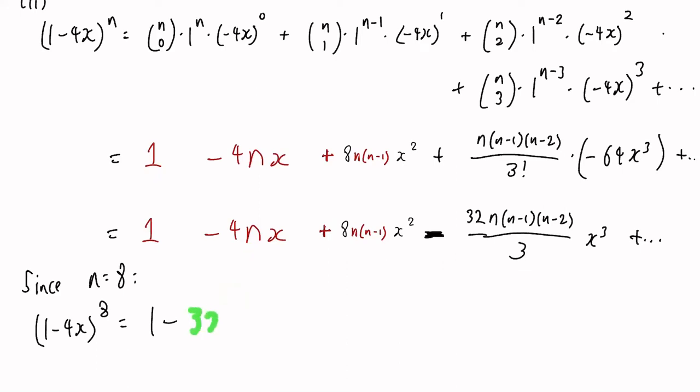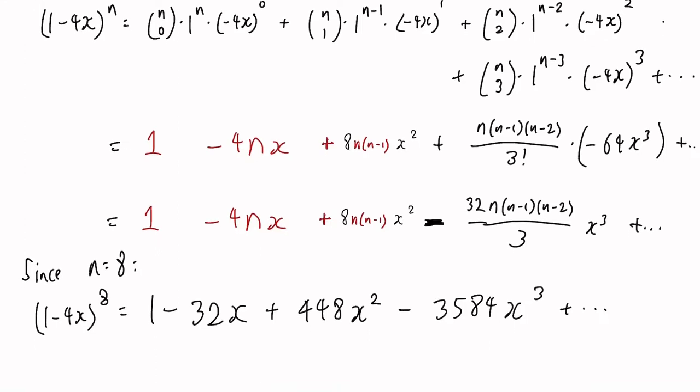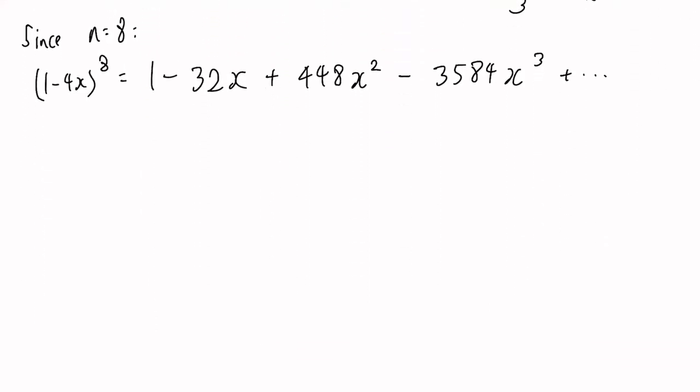So minus 32x plus 8 times n, which is 8, times n minus 1, which is 7, gives 448 x squared, minus 32 times 8 times 7 times 6 over 3. I think I got 3584. So that is still not done yet.